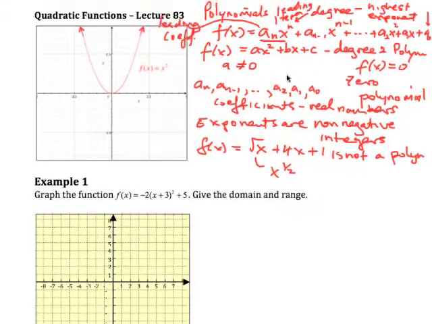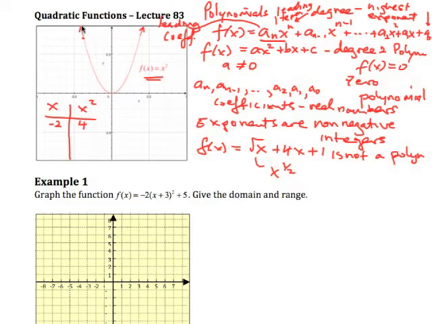Right, now the simplest quadratic, now remember a quadratic is really a degree 2 polynomial. Our simplest one was the squaring function. And you remember our squaring function, we could actually draw a table of values here. Here's our x, and here's our x squared, so we could have negative 2, we would get 4. So if you look up here, negative 2, we would have got 4, which is right up here.